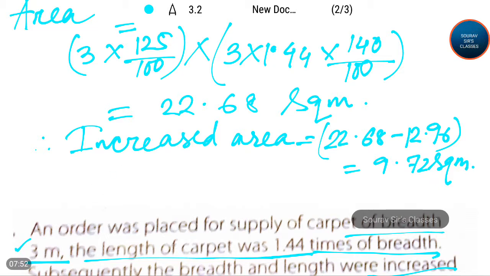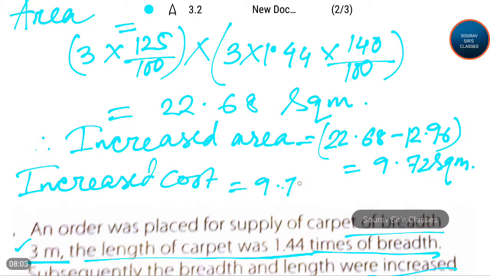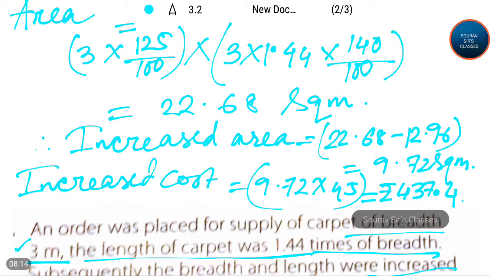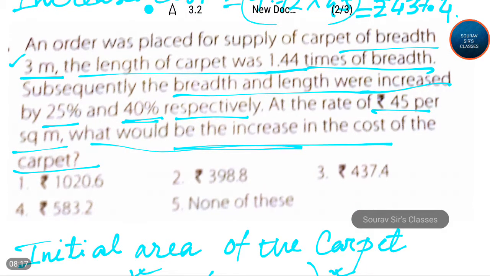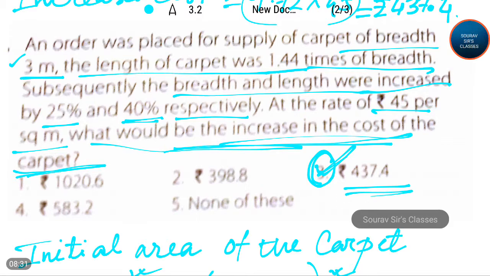And the increased cost is 9.72 into 45, that is equals to rupees 437.4. So here option 3, that is 437.4, is the correct answer. So the increase in cost of the carpet is rupees 437.4.